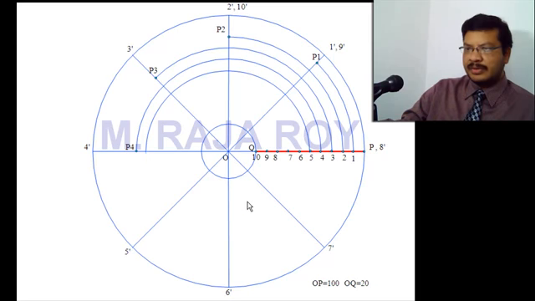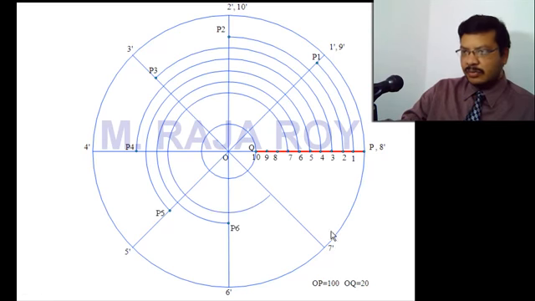This is P5. Next, again take O as center, O6 as radius. Draw an arc. This point is P6. Next, again take O as center, O7 as radius. Draw an arc until it intersects with the O7 dash line. Here you will get P7.